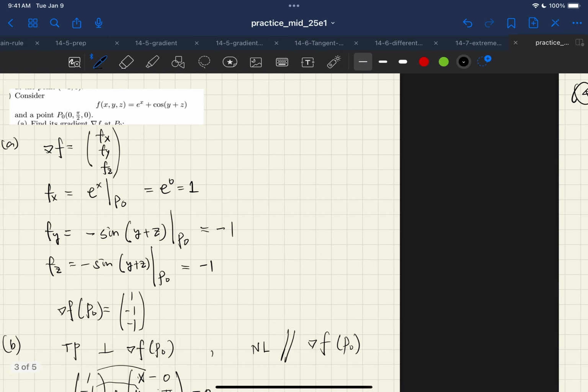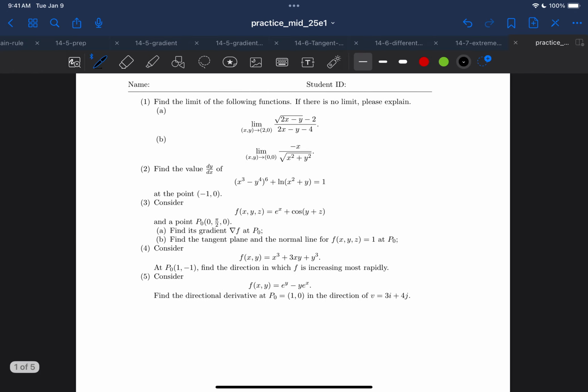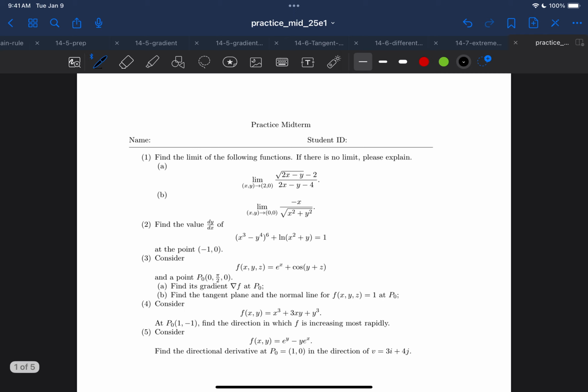All right, this is number 5, and now we go back to the limit problem.